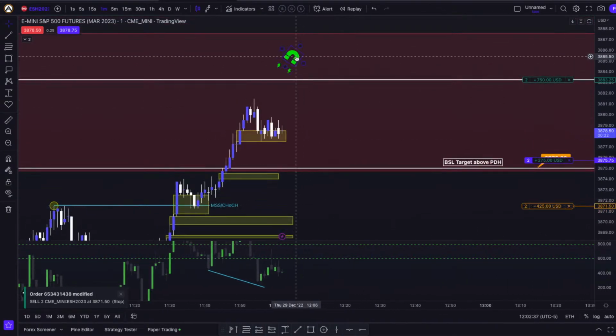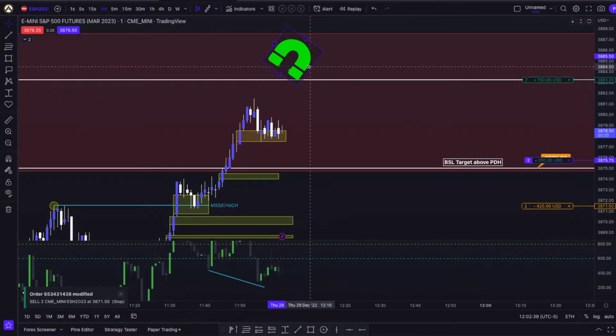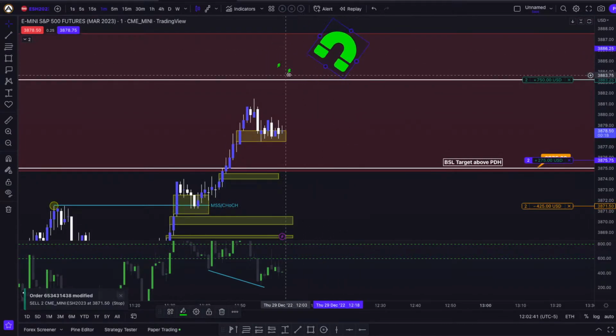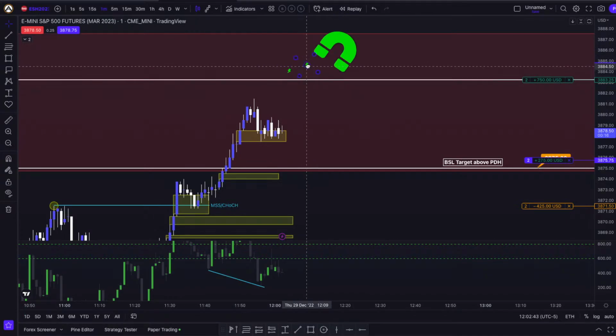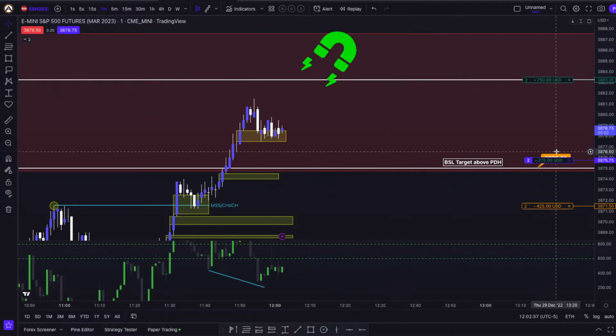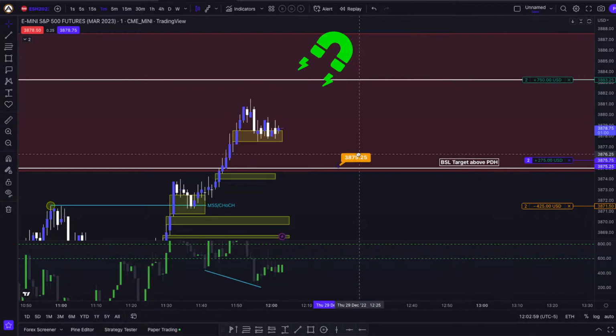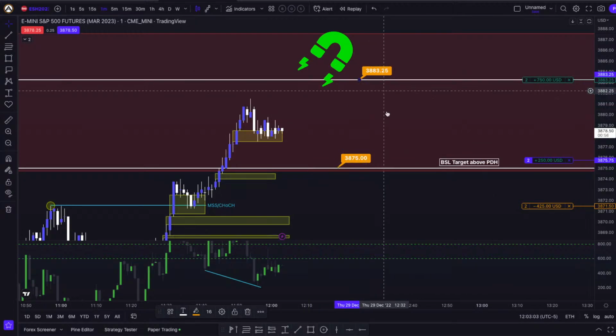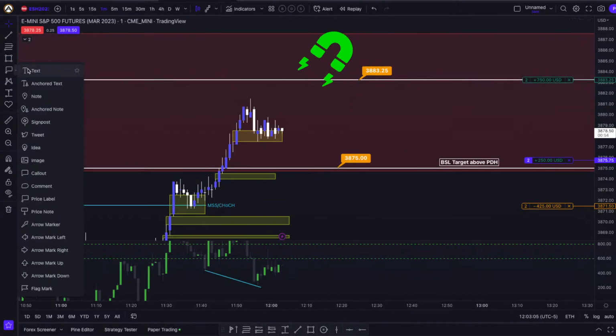Let's see, let's make our magnet a little bit bigger, maybe it helps. With a little bit more force. Buy side liquidity above our previous day high. Our 0.5 standard deviation.